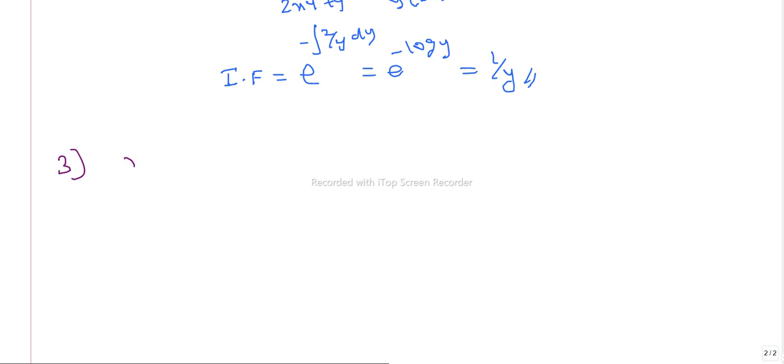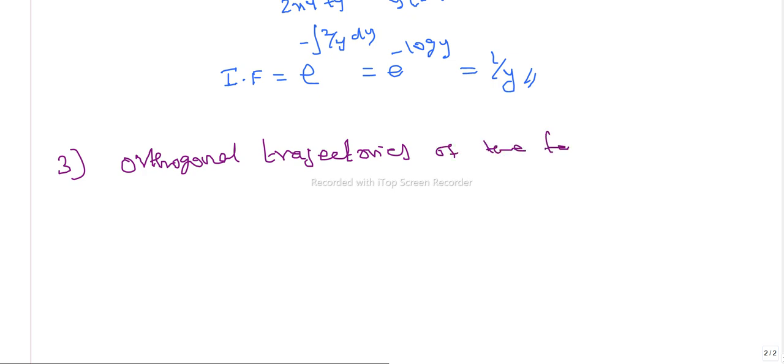Suppose the orthogonal trajectories of the family of curves y equal to c1 x cube are given by, and there are some options.